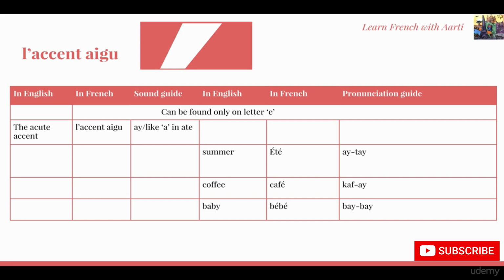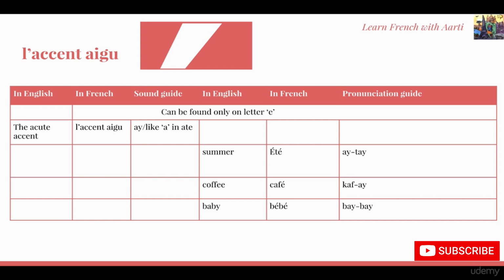It changes the sound of letter E. Normally, E is sounded as E, but with this accent, it is sounded like A in 'eight'. It is represented as AY in this lesson. This is the easiest of the signs and is used the most often.